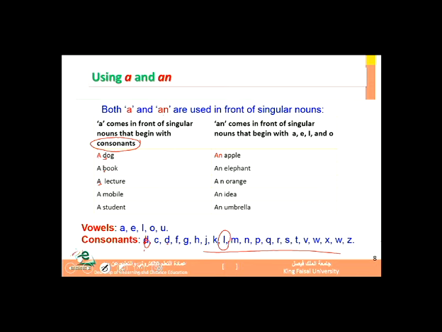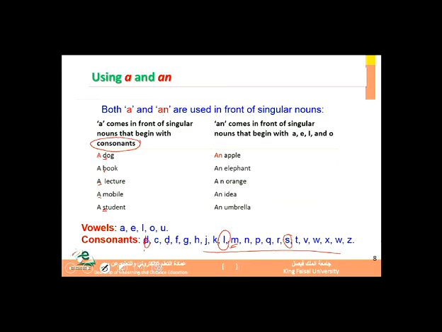A mobile, again, M is a consonant sound, so we use a. A student, the S sound is one of the consonants. So we say a student, a mobile, a lecture, a dog, a book, etc. We use a when the following sound is a consonant rather than a vowel.